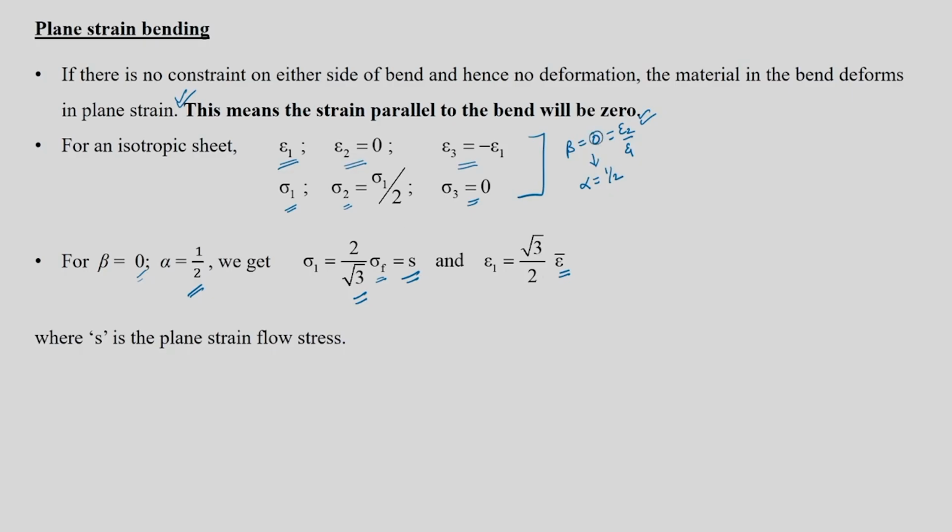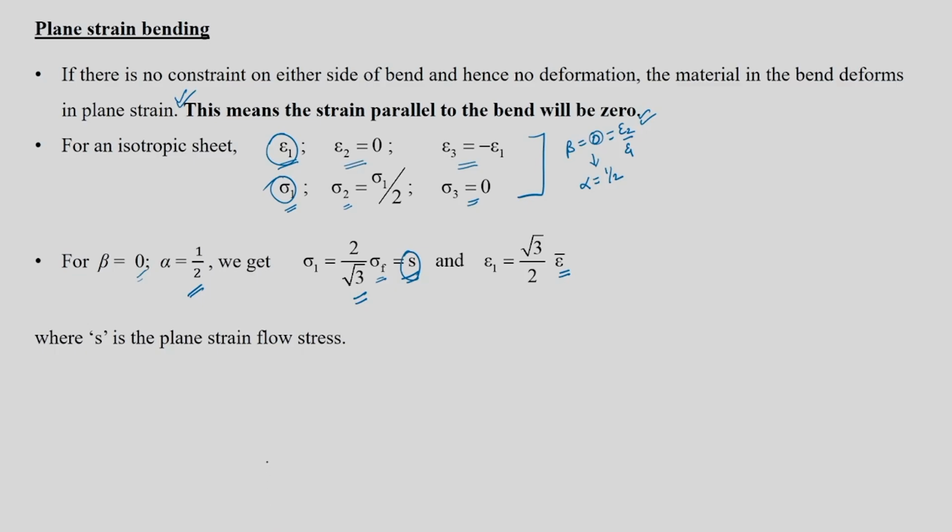So, this is how you evaluate sigma 1 and epsilon 1 in the plane strain bending process, and we are going to use S from here onwards rather than sigma 1 directly. Okay, where S is nothing but your plane strain flow stress.